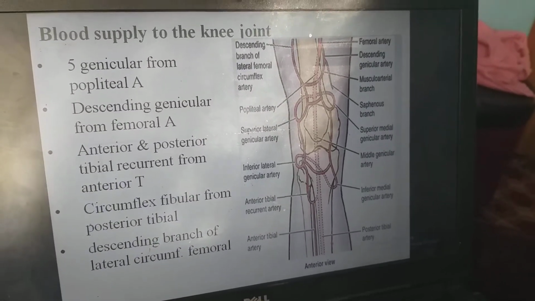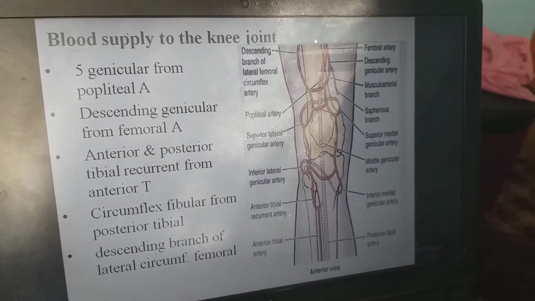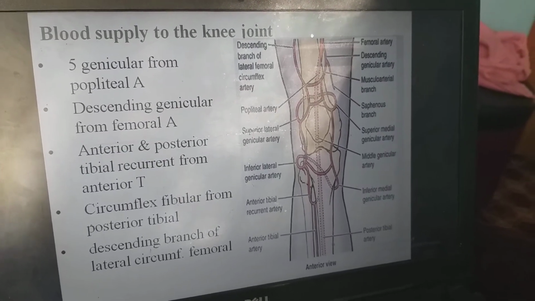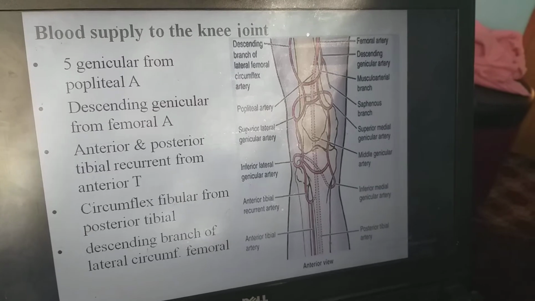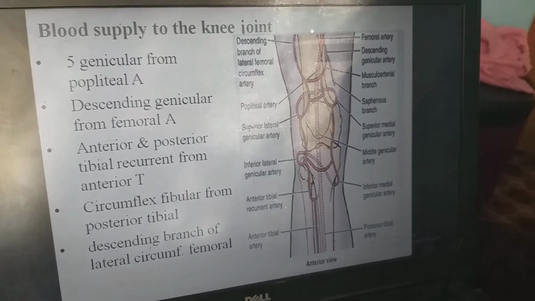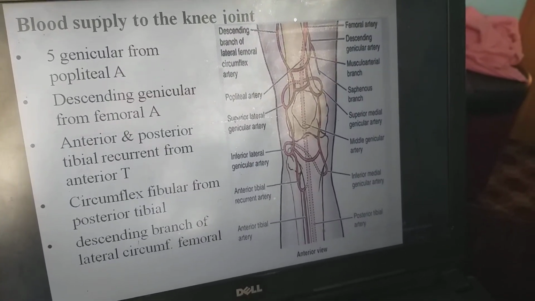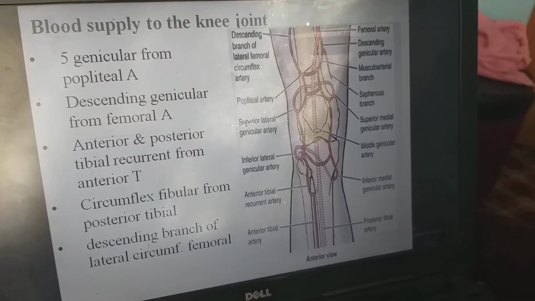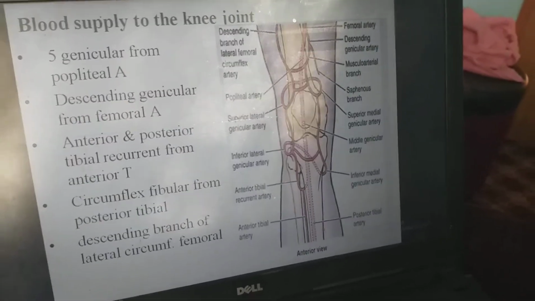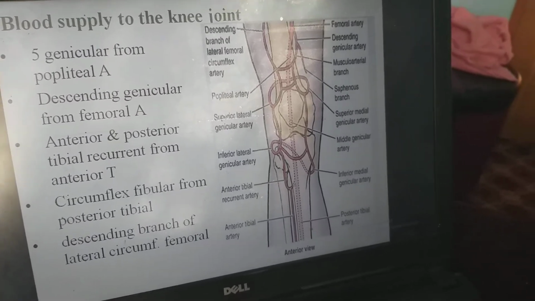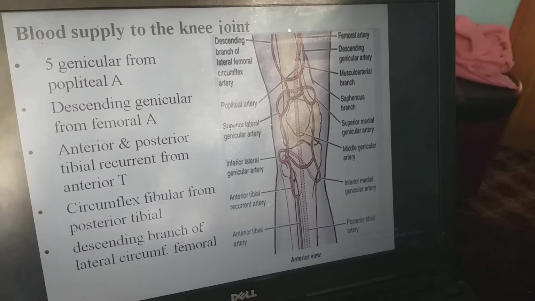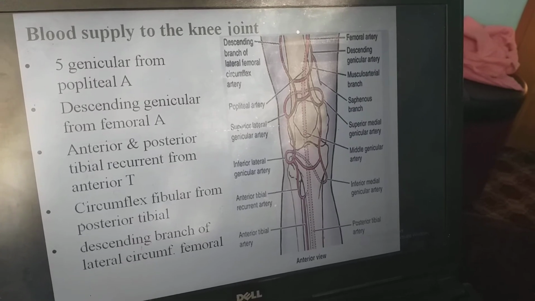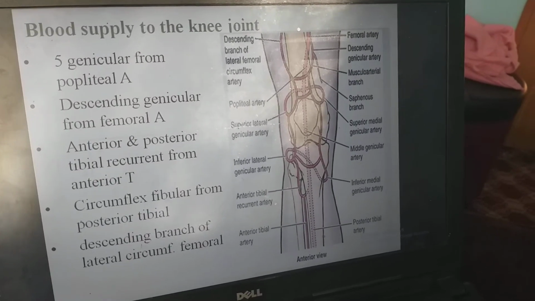The other, the descending genicular from the femoral artery; the anterior and posterior tibial recurrent arteries, which go upward from the anterior tibial; the circumflex fibular from the posterior tibial; and a descending branch of the lateral circumflex femoral artery. So these are the major 10 arteries which form the genicular anastomosis, formed at the knee joint.